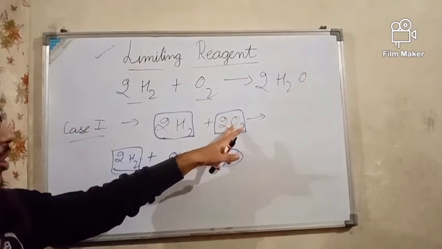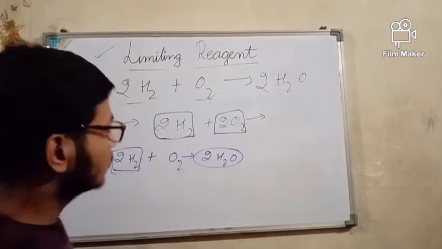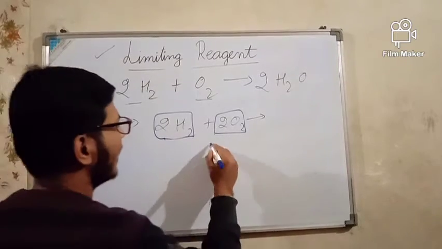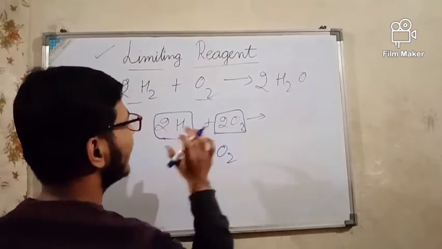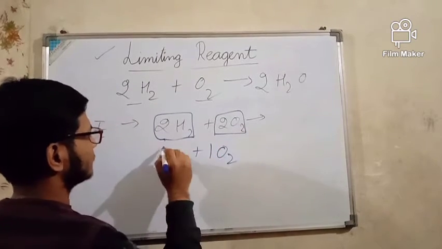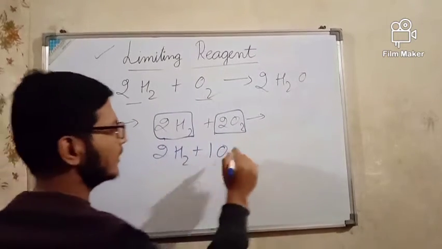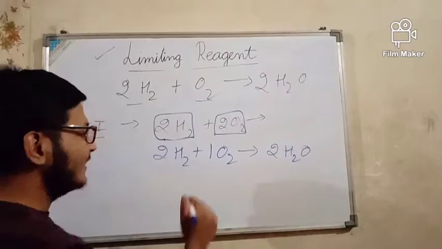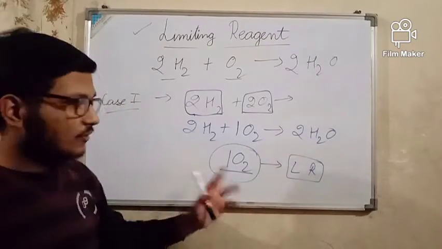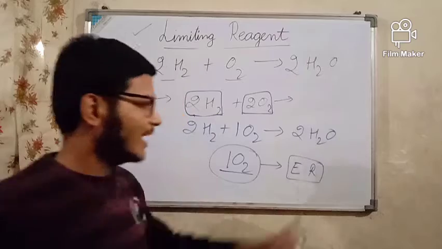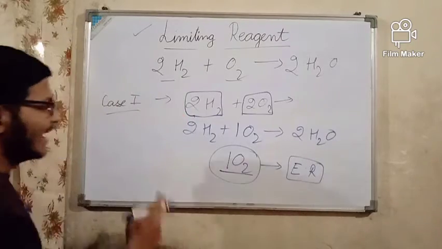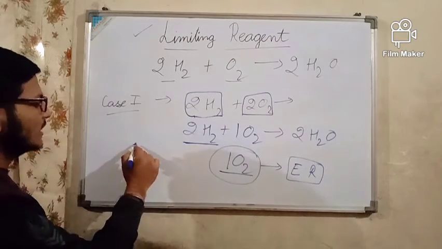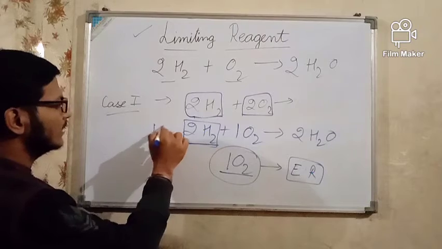But here of the 2 moles of oxygen, 1 mole of oxygen is left over. This 1 mole of oxygen which is left over is known as excess reagent, and the 2 moles of hydrogen which were totally consumed is known as limiting reagent.